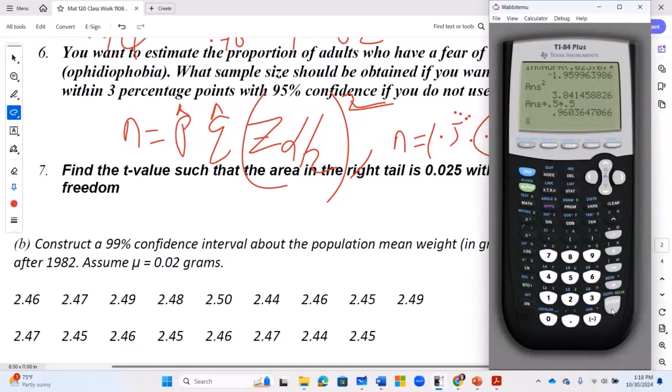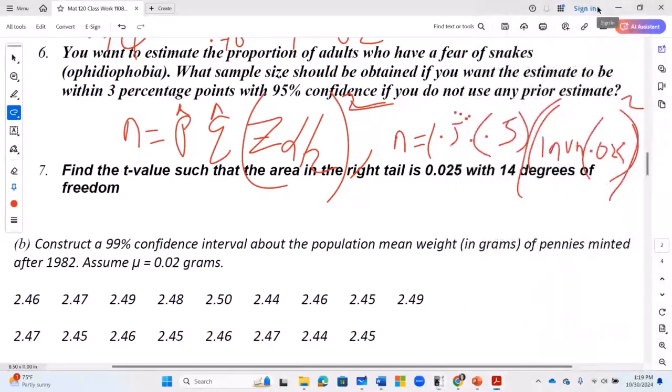And when I get my answer, the answer must be rounded up to an integer. Every sample size must be rounded up to an integer. I have to round that up, and the sample size is 1068. So n is equal to 1068.